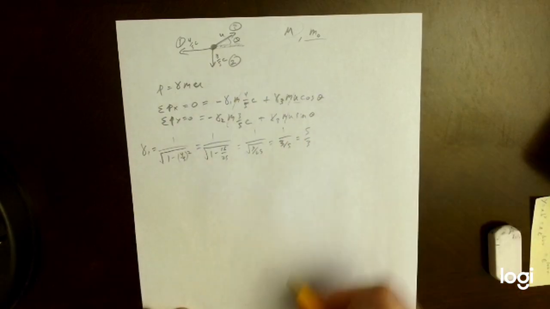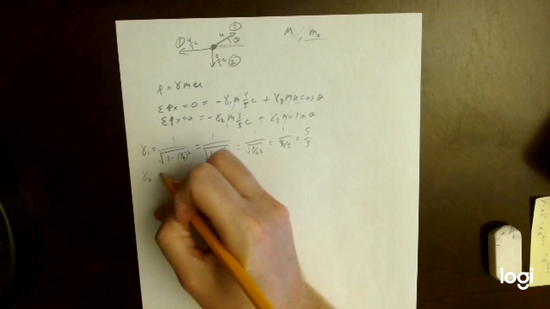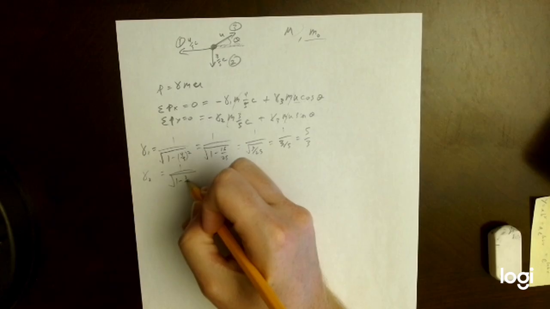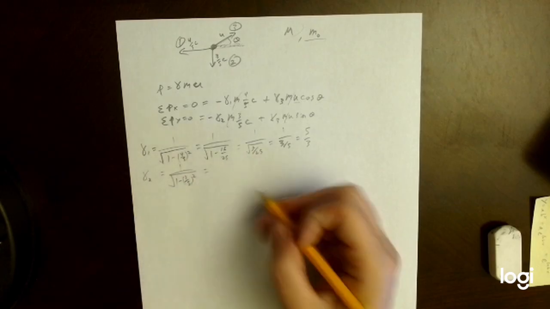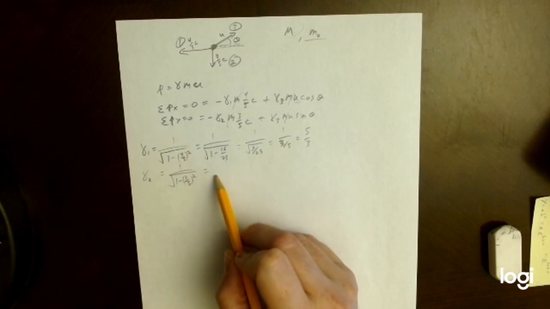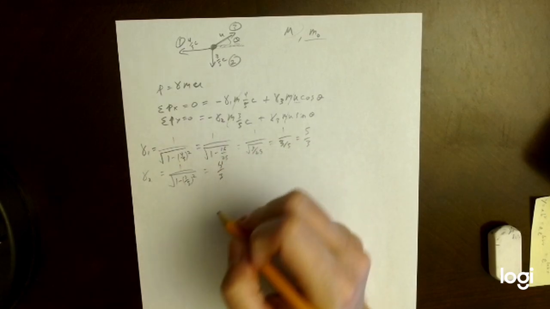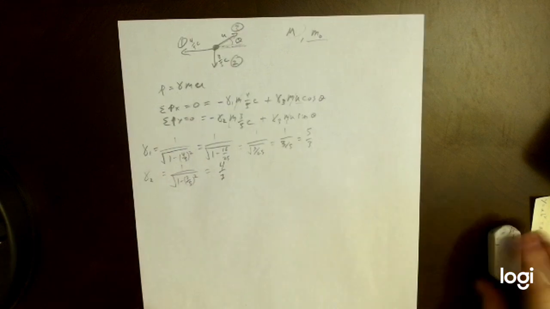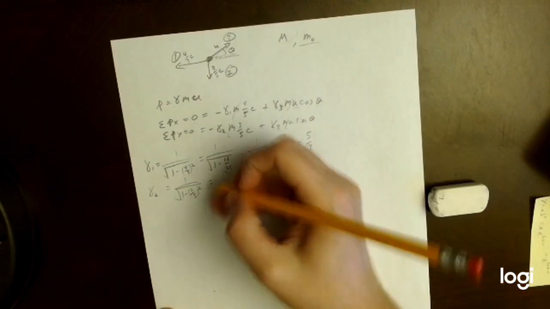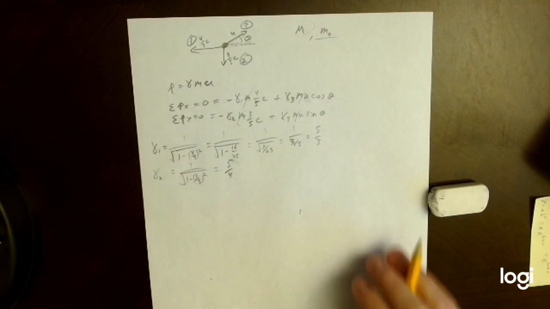So there we go, we've got gamma 1. We can also do the same thing with gamma 2. And we get 1 over the square root of 1 minus 3/5 squared, and for the same reasons, we would get 9/25. So then we get 1 over the square root of 16/25. This is going to be 4/3. Wait, no, that's not correct. We're going to get 5/4. There we go. The 3 here becomes a 4 for this one.